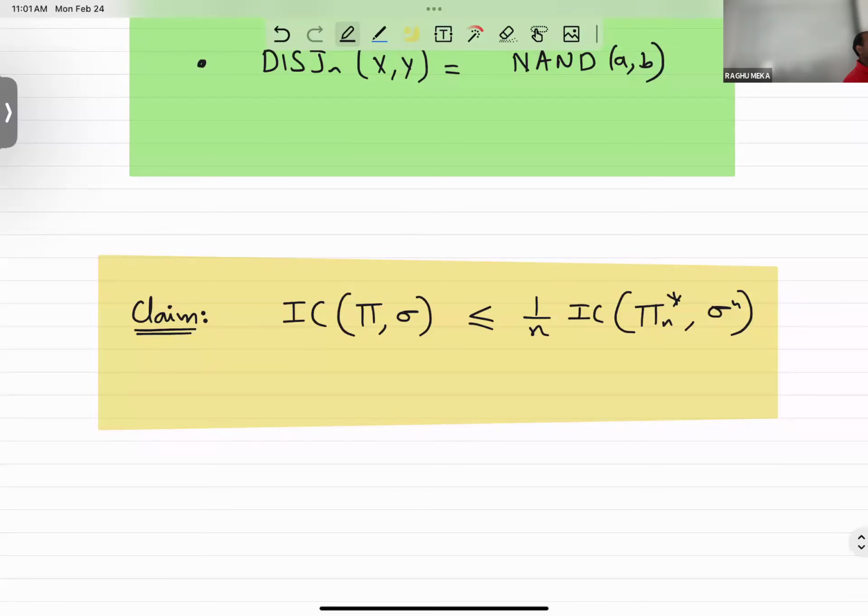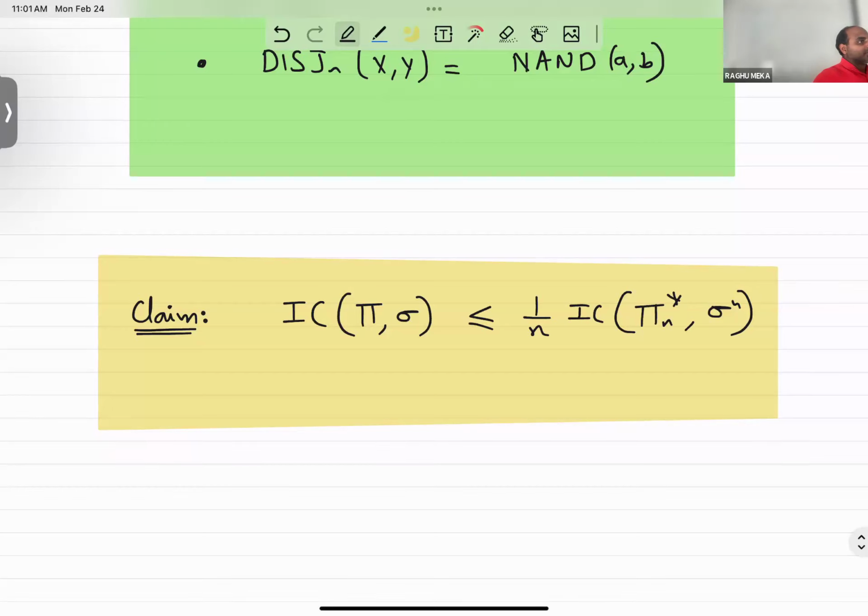You're running a protocol which was n bits. It started with a function with the protocol which was working on n bit strings. So pi and star could be very long, but the amount of information it carries is 1 over n times the length. Okay. So even though it's a very long protocol, its cost measured in terms of information is going to be very small. That's what we have to show.